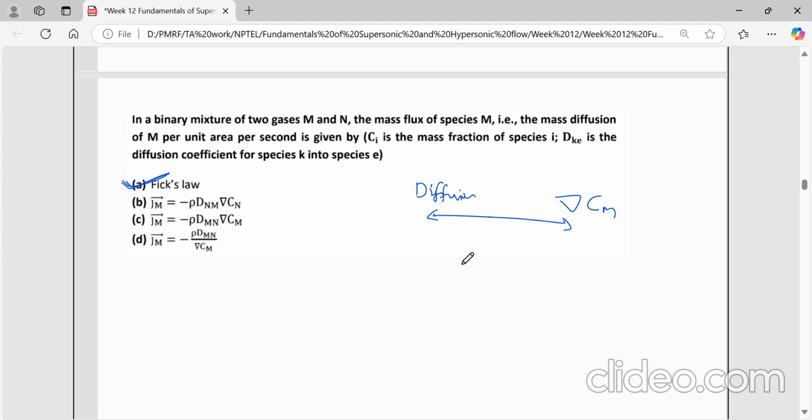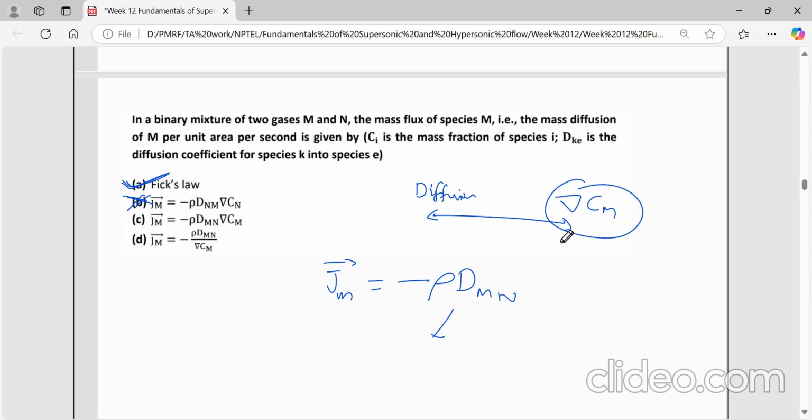So there will be one minus sign, and diffusion will be directed opposite to del Cm. So Jm vector is equal to minus rho Dmn. This Dmn gives the diffusion coefficient of species M into species N. As diffusion is happening for species M, that's why we have taken Dmn. So that's why option B will be wrong.